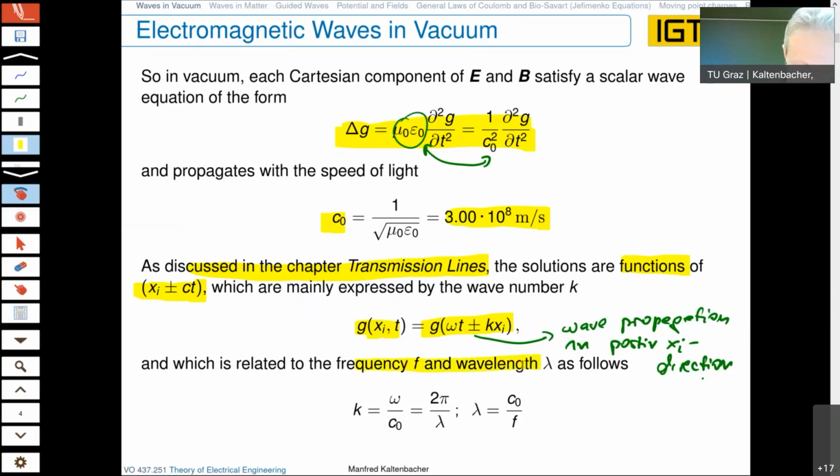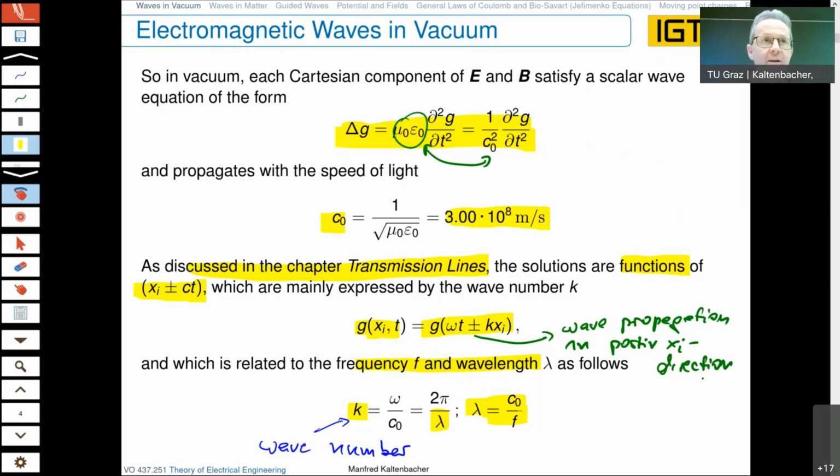I just have written it down, that we have here this wave number, not written here, but we know it is the wave number, which is related, and that is the important part, to the wavelengths, and we could simply compute the wavelengths by the speed of the wave over the frequency. So the higher the frequency we have, the lower our wavelengths.